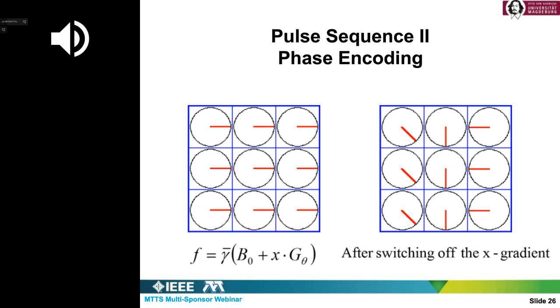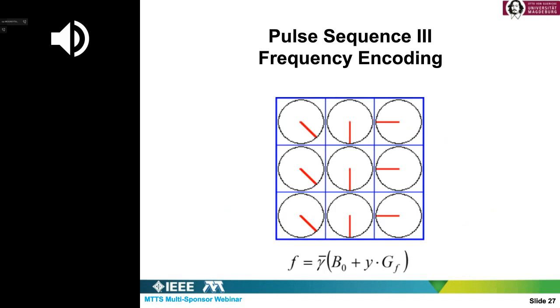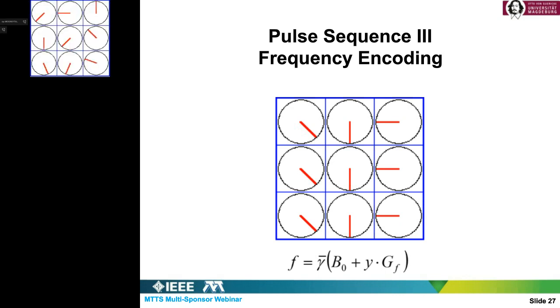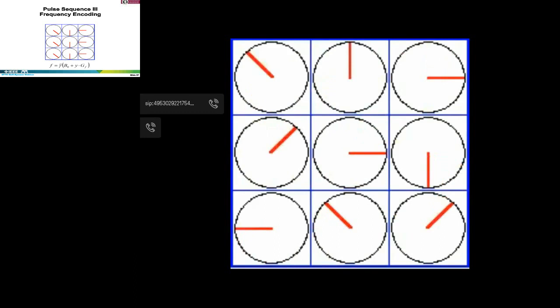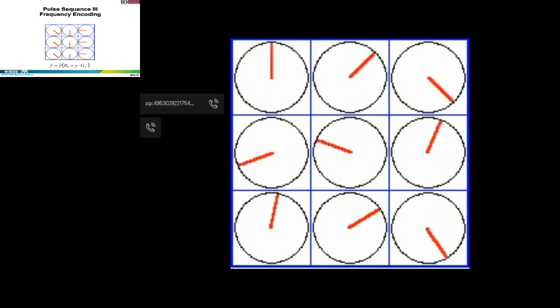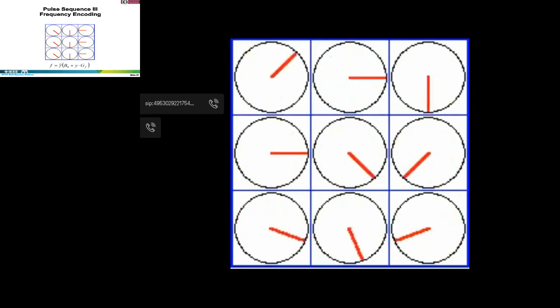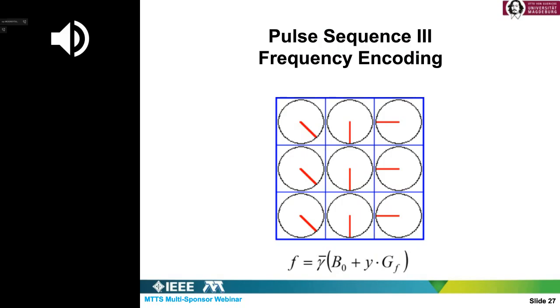The last one is to create a ramp in the y direction, which results in different frequencies for different y directions, as you see in this animation here. We just apply the ramp in the y direction, resulting in higher Larmor frequency at the top and lower Larmor frequency at the bottom.